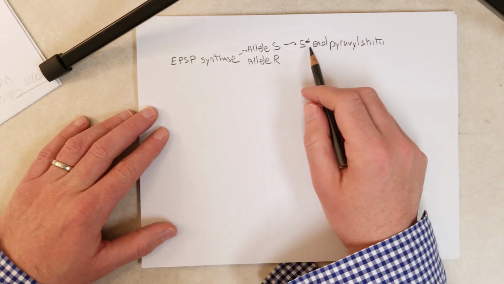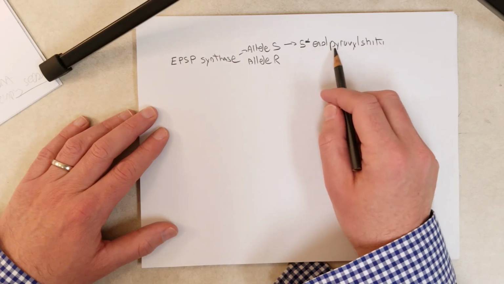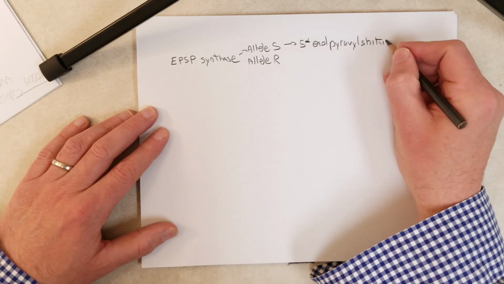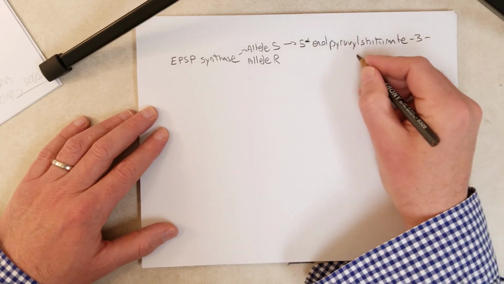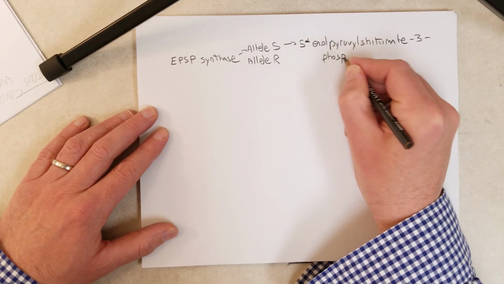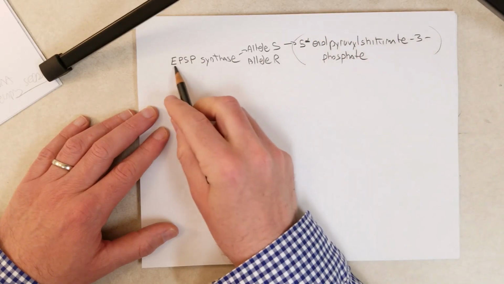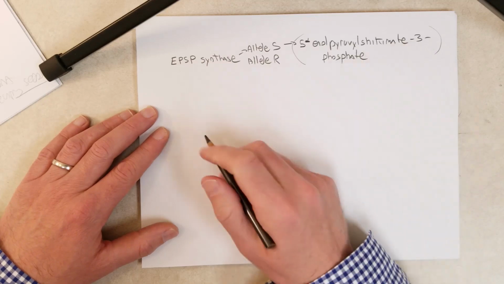I didn't appreciate it enough when I was an undergraduate student. So, 5-enolpyruvylshikimate 3-phosphate. That's the EPSP part, and then we have the synthase.